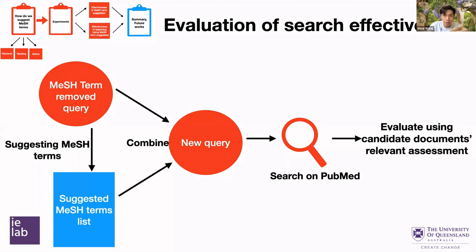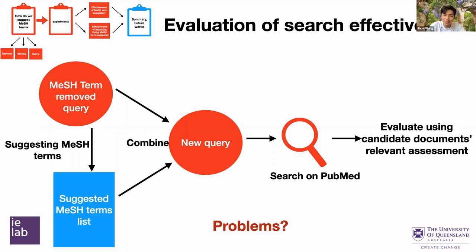Then we search this new query in PubMed, and by doing this, we get a list of searched candidate documents. Remember, in the CLEF dataset, we had the relevance assessments for candidate documents, and we know which document is relevant and which is not. So these PubMed search documents can be evaluated using the original relevance assessments that appeared in our dataset.